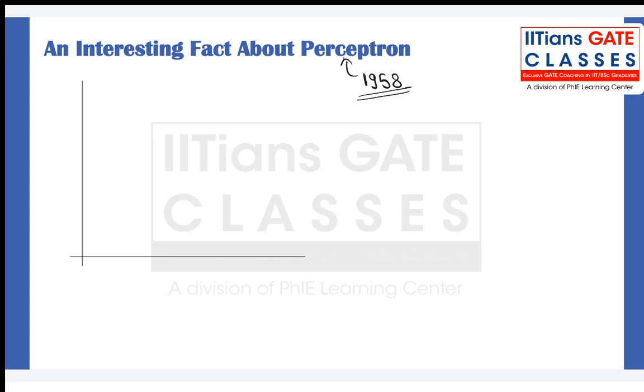What he said was, if I have two classes, then I can draw a hyperplane, that is a line, that separates these two classes. Positive points are here, negative points fall below the plane. It was very good research work, and it gained a lot of traction.